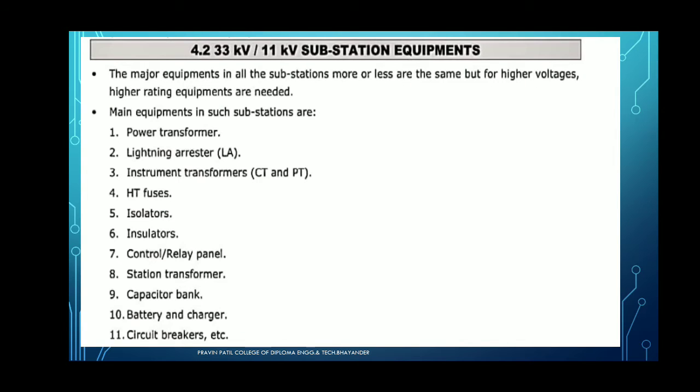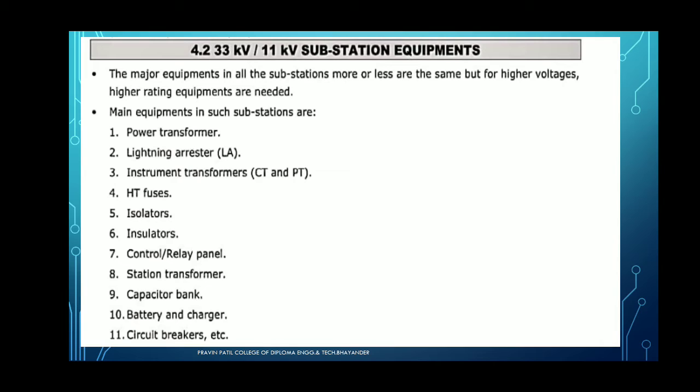Next, which are the main equipment required for a 33 by 11 kV substation? Here the list of that equipment is given. The major equipment in all substations is more or less the same, with higher voltages and higher rating equipment needed.